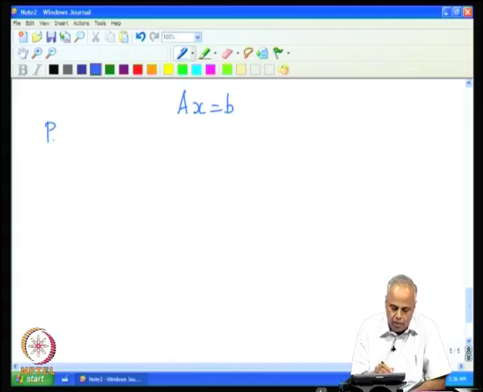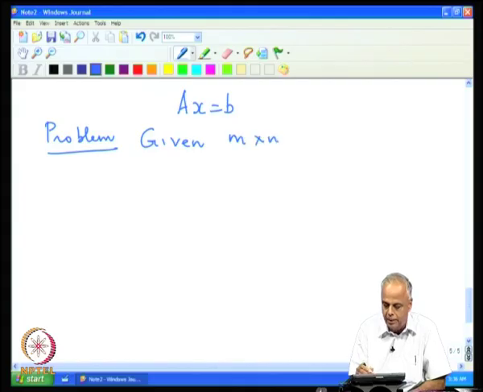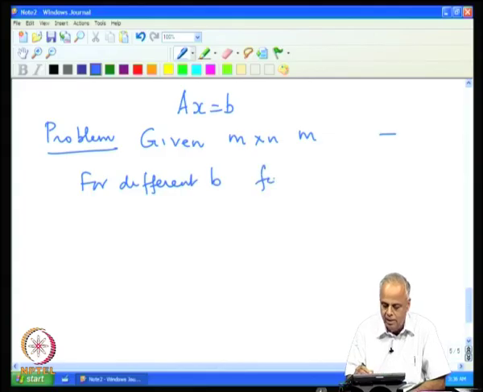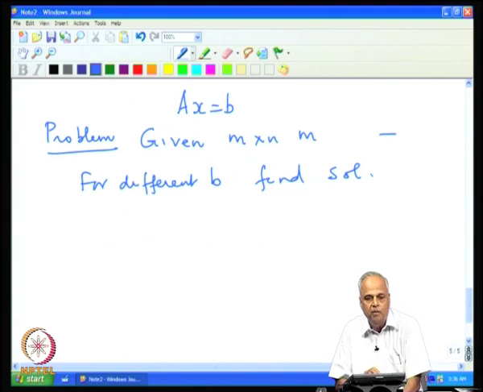What is the main problem? The main problem is: given an m by n matrix A, then for different B, find a solution. That is our first fundamental problem of linear systems of equations.